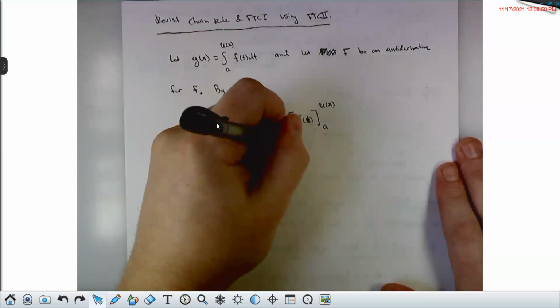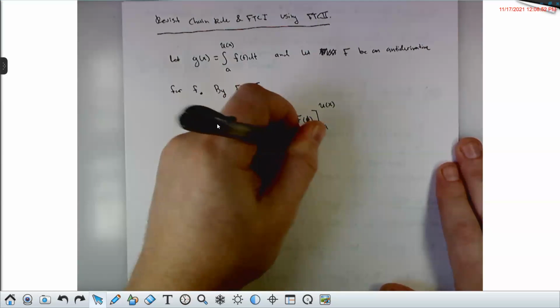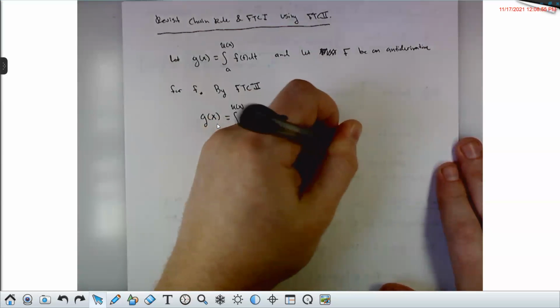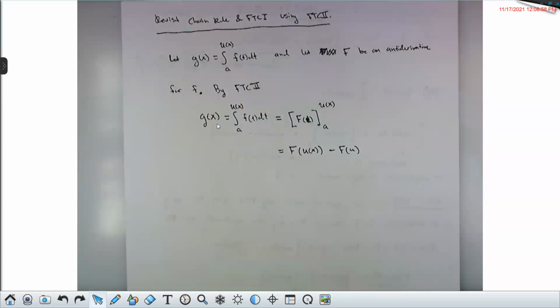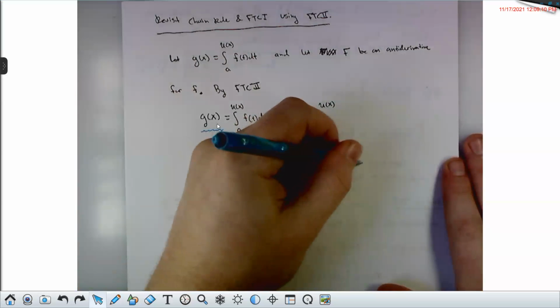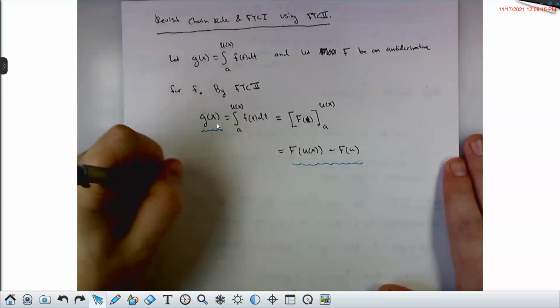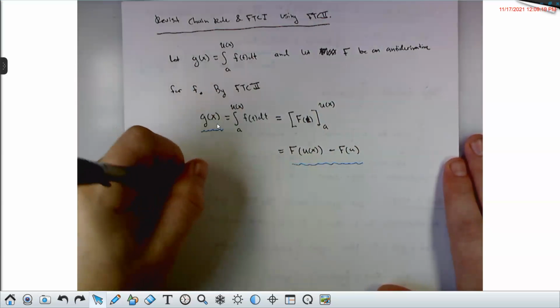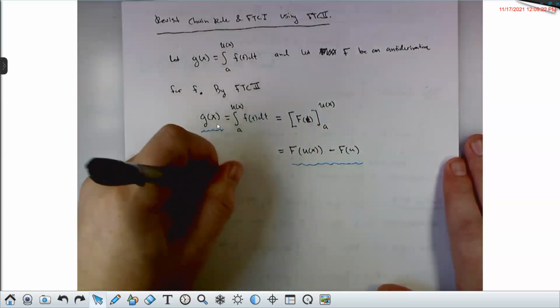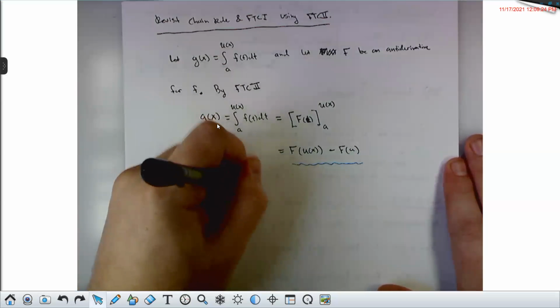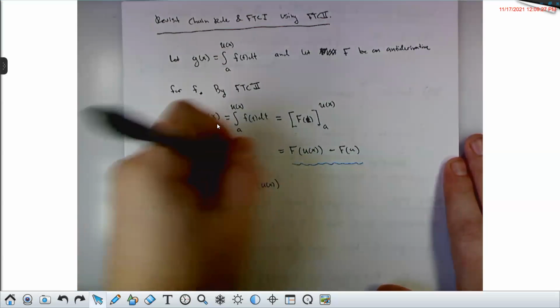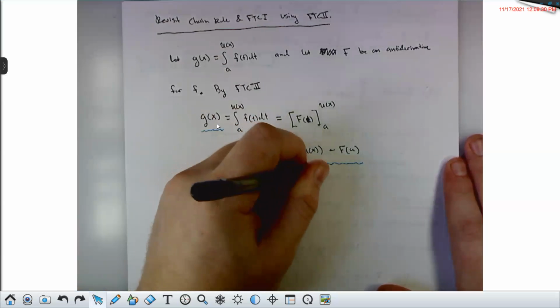When you plug in those bounds, you get big F of u of x minus big F of a. So G is big F of u minus big F of a. This means that G primed of x would be d dx of big F of u of x minus big F of a.